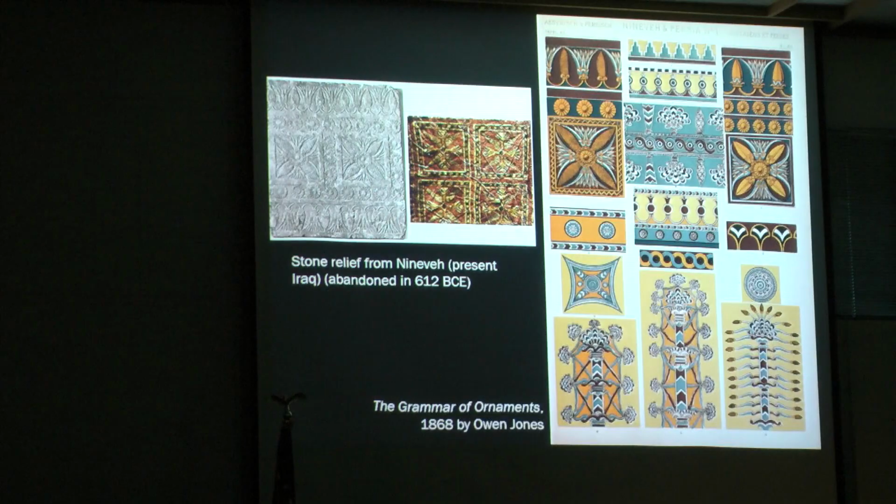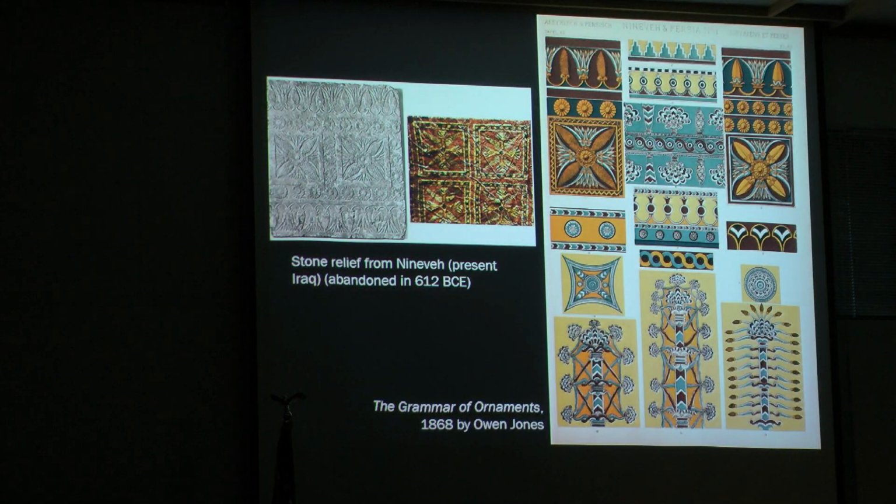But there is one pattern in particular, this kind that I call a star, that traces to a motif from the Middle East or West Asia, and in particular to the one carved on a stone from Nineveh, present-day Iraq, an Assyrian city abandoned in 612 BCE. This pattern also appears in The Grammar of Ornament, dated to the 19th century, 1868 to be precise, by Owen Jones, and is recorded as an Assyrian or Persian pattern.